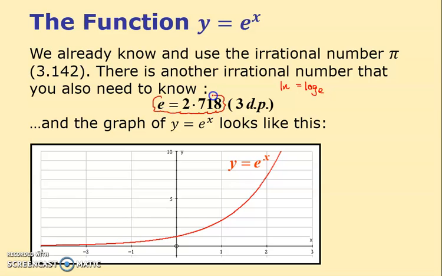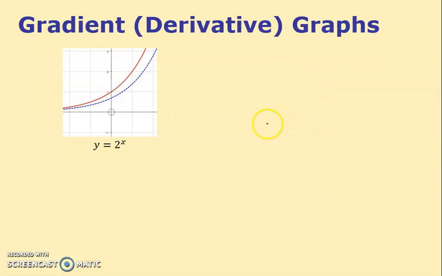So if we just have a look for a moment at this graph, y equals e to the x, it's still crossing at 1, still looking very much the same as the others. It's a weird number actually. Y equals 2.718 to the x is an alternative way of writing it. 2.718 is not a made up number, it is a very definite number. And I suppose this is starting to look at the reasons why.